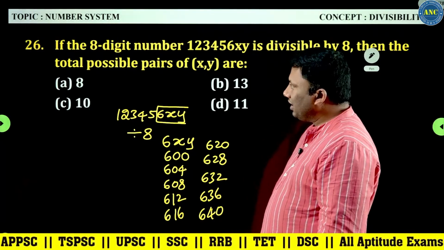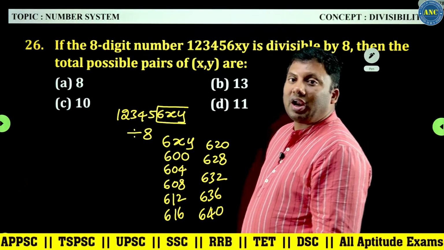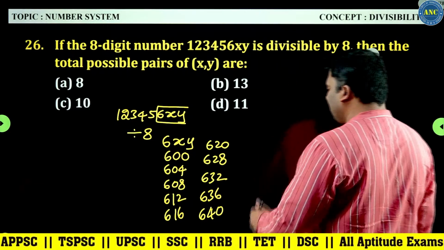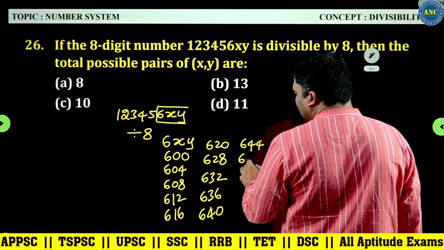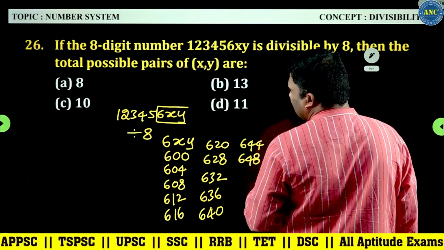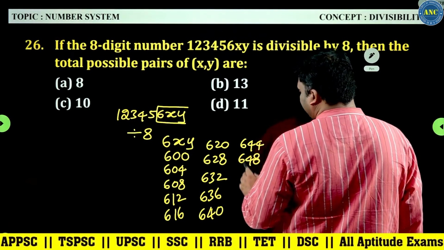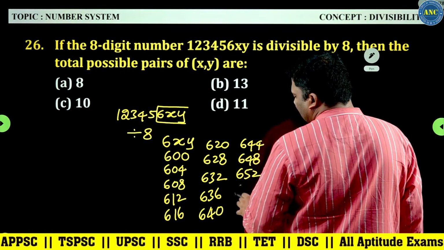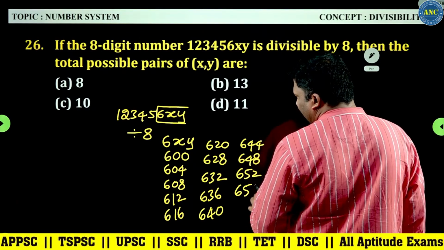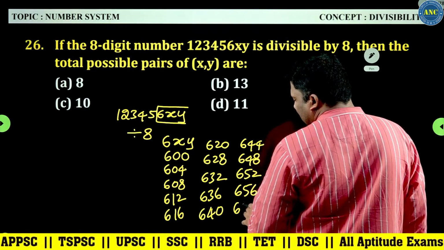First I am checking which last 2 digits numbers are divisible. 4 tens are, it is 644, it is 648. Next one, 612, 4 12s are, 4 13s are, 4 14s are 56, it is 660.